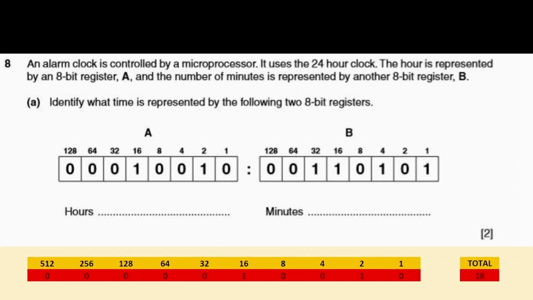Now if the question was to say that there was a 12-hour clock system in place, we would have to convert the 18 to the 12-hour clock variant, being 6. However, as it's 24-hour, we can put this number in. So now we've done part A, we can reset this chart, which I will do shortly. And now it's part B. For the second part of this, we can see we've got a 32, a 16, a 4, and a 1.